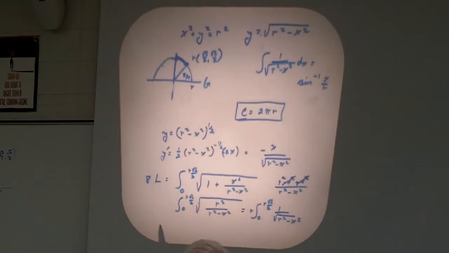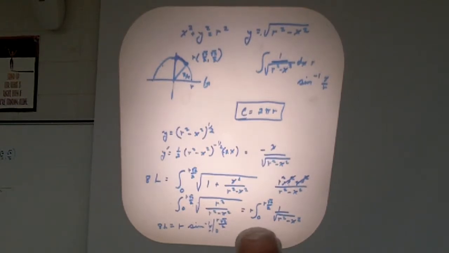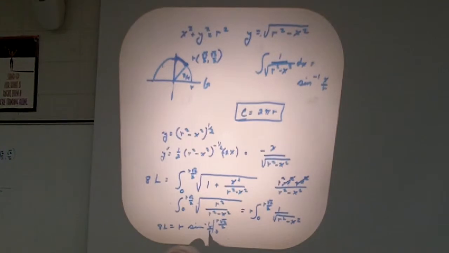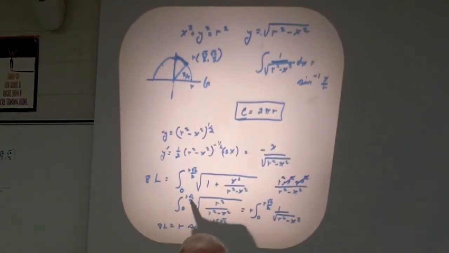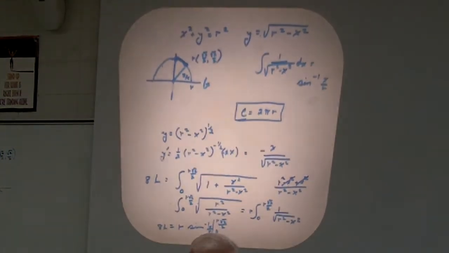I need 8 of these, is equal to r sine inverse of x over r, from 0 to r square root of 2 over 2. Yeah, this is what I have over here.